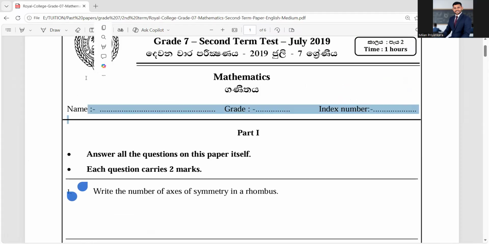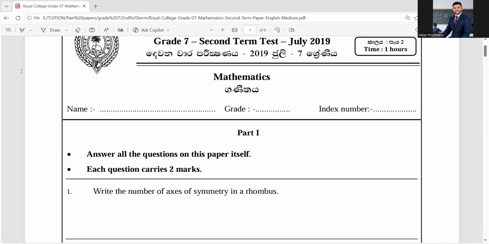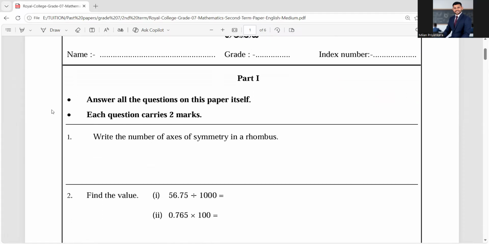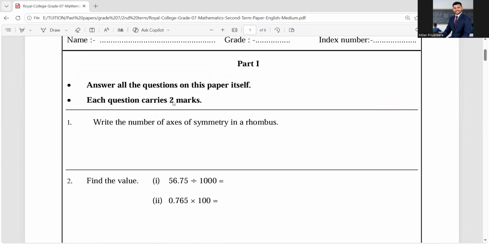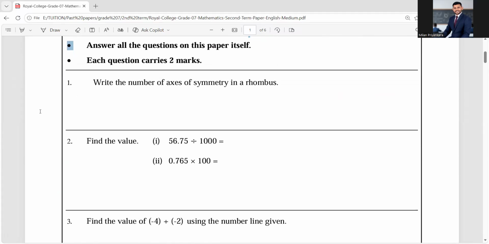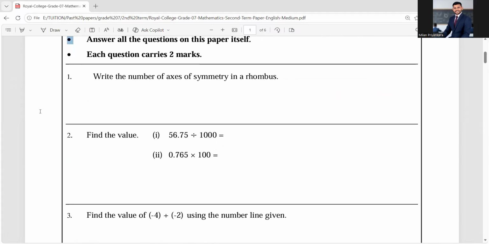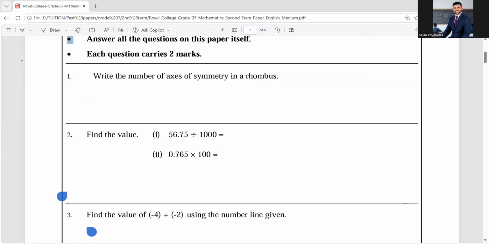Actually, in this one, for the first part, you have to answer all the questions, because it says, answer all the questions on this paper itself. That is also important information. Each question carries 2 marks, and that is also good information, right?